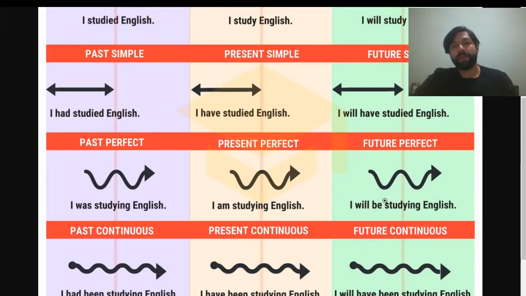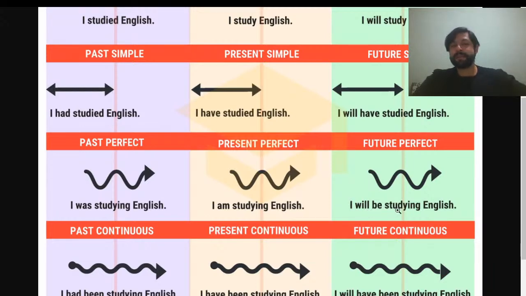So basically, the most important detail here is the verb to be, because the verb to be will control the tense. The verb to be will show the past, the present, or the future. So we use the name past continuous because we are using the idea of the verb to be in the past. So I was studying English. But we can change the was to the present. I am studying English. And we don't have verb forms in the future in English, so we use the auxiliary, will.